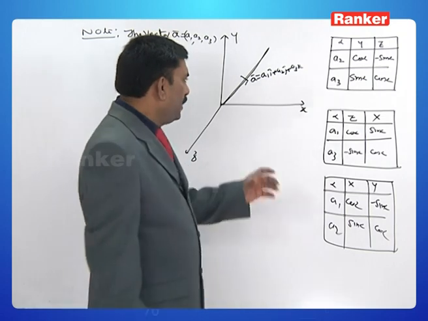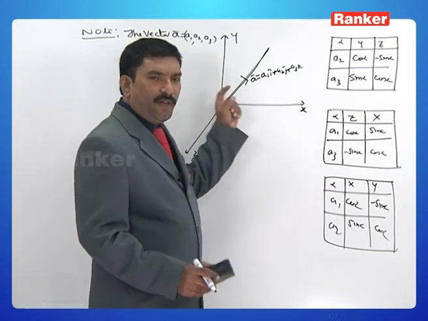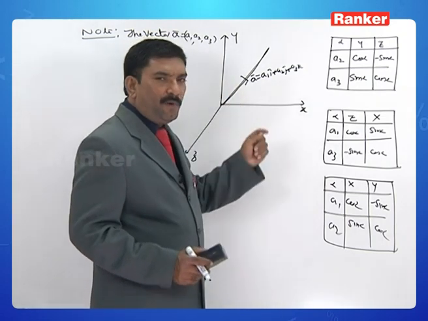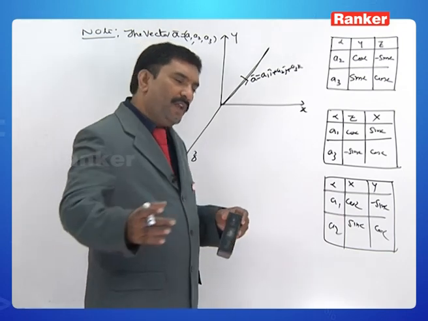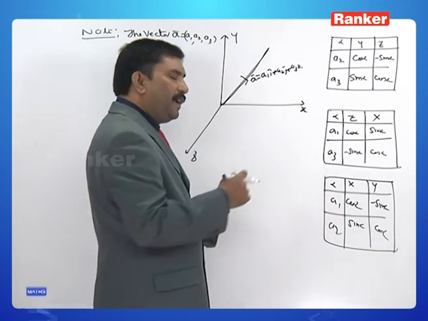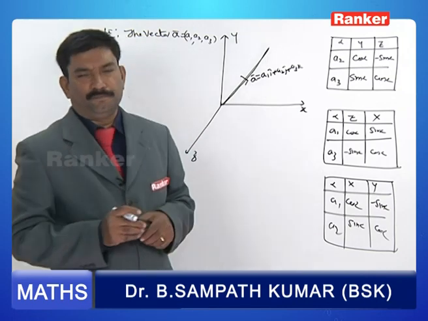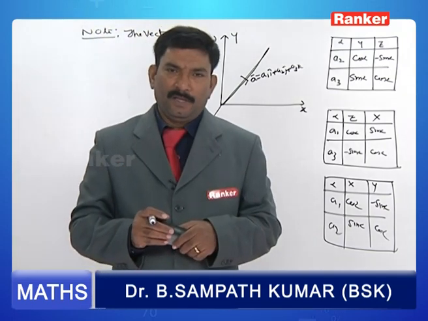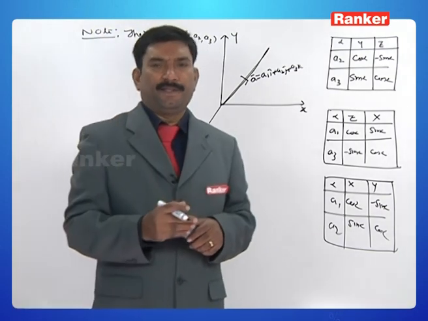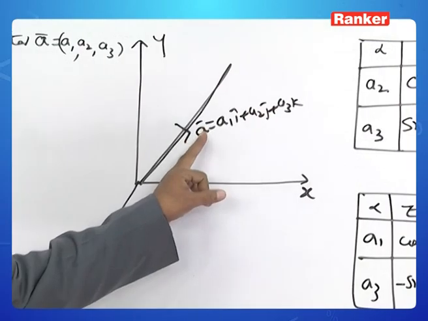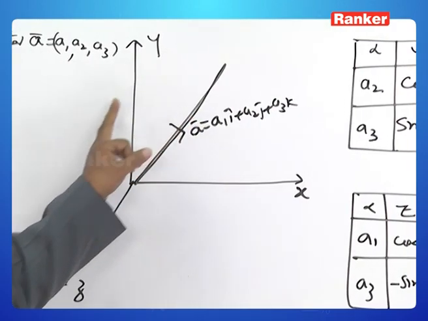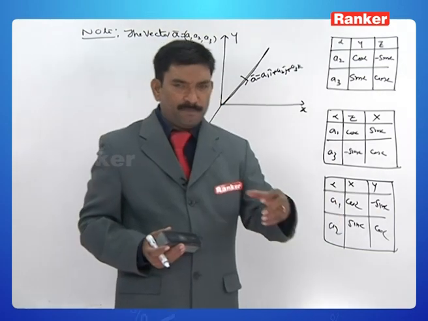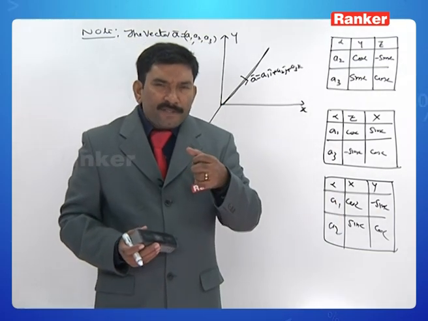So therefore, now when the vector a bar is rotated through an angle alpha in the right-handed system about the x-axis, meaning you are rotating a bar in anti-clockwise direction about the x-axis, meaning you are taking the reference as what?